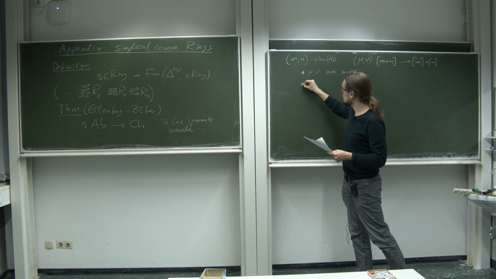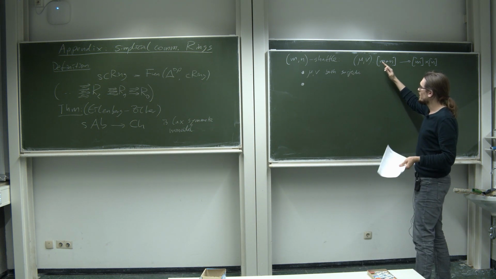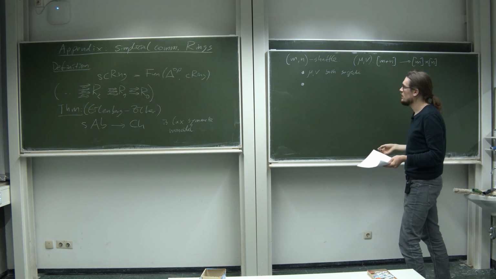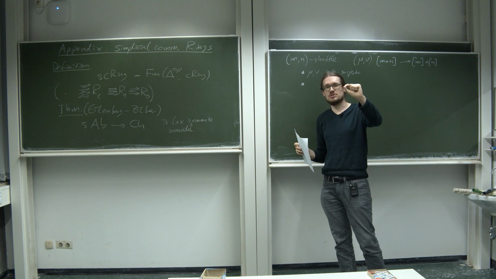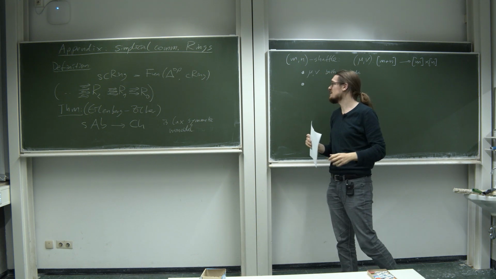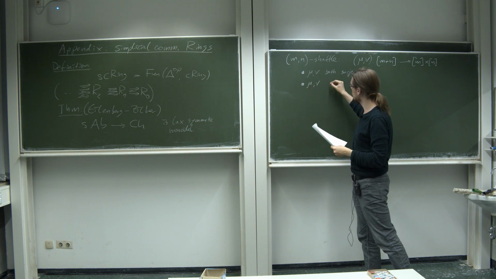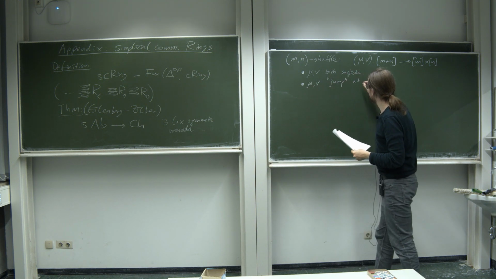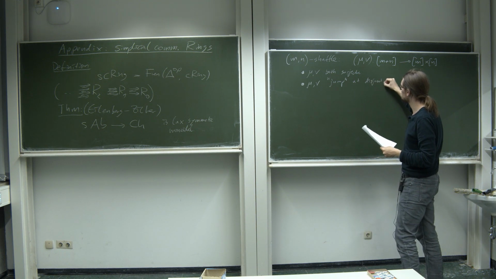And also, if you have a surjective map from one finite totally ordered set to another, then it's somehow characterized by at which positions your map jumps to the next element. So we want to say here that mu and nu jump at different positions. Let's say at disjoint positions.